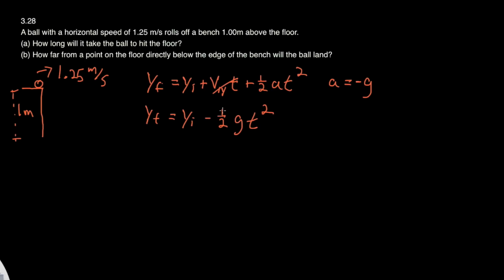Okay, so now we know everything. We know y final, we know y initial, and we know the value for g. So we can rearrange this equation and solve for t.